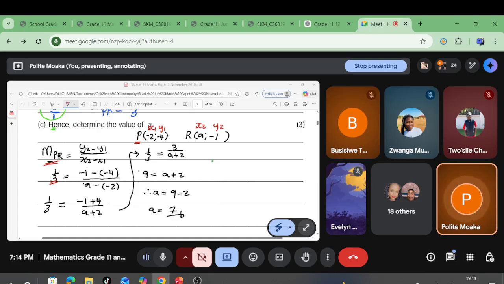I'm going to send it out. Out of 7, I need everyone to tell me what they got. I'm going to send it as percentage. I need you to mark your work using the memo that we posted on the group. Please be honest. If you get 2 out of 7, take 2 divided by 7, then multiply the answer by 100.